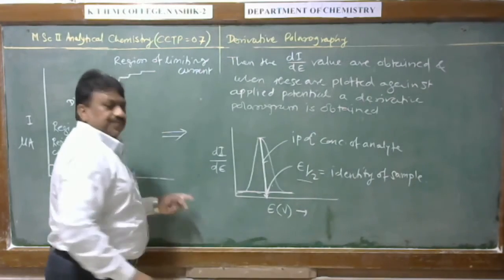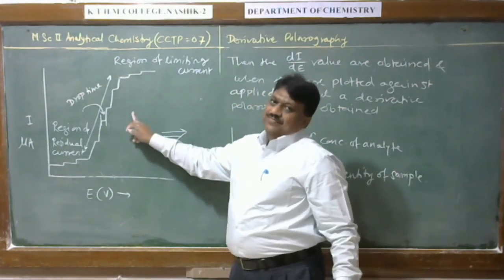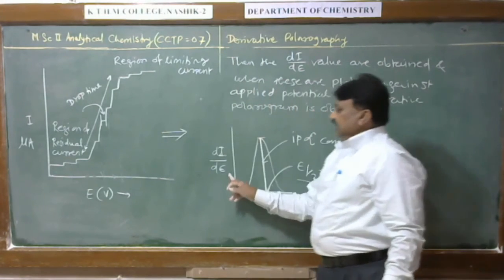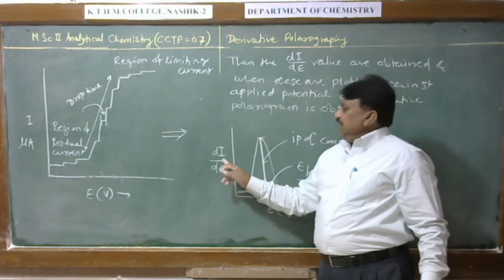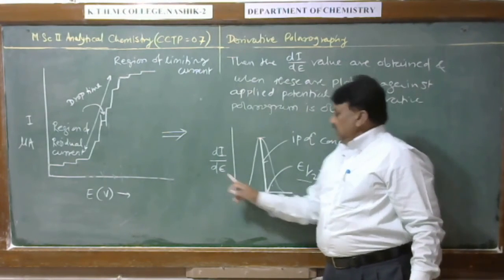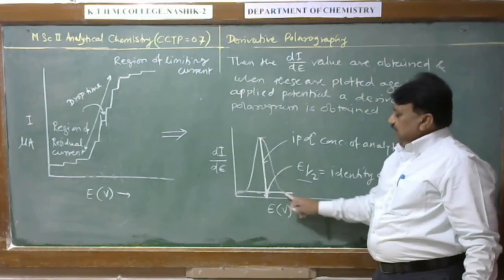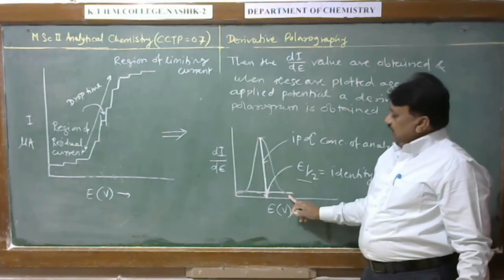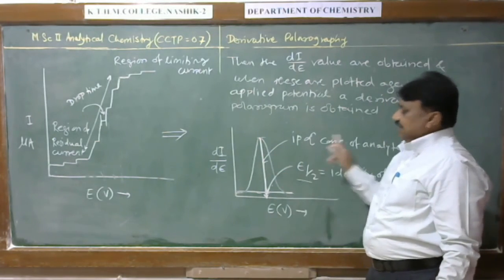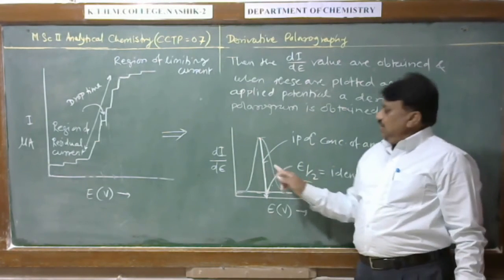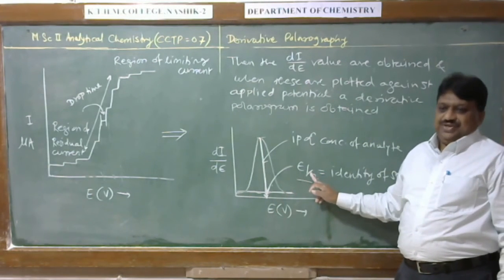Therefore, here the current sample polarogram is easily converted into a derivative polarogram by plotting di by dE versus applied EMF. Then we have a single peak curve in which the peak current is directly proportional to concentration, and the peak maximum corresponds to the half wave potential.